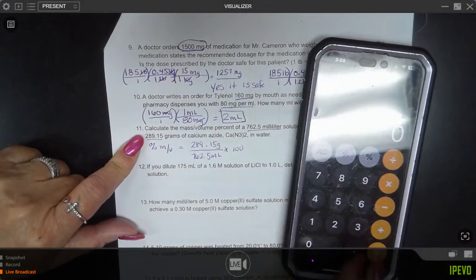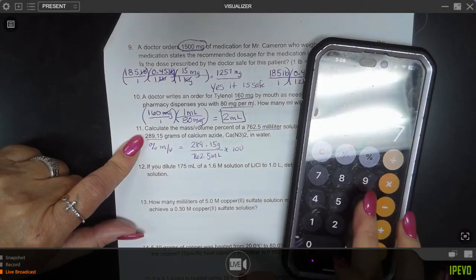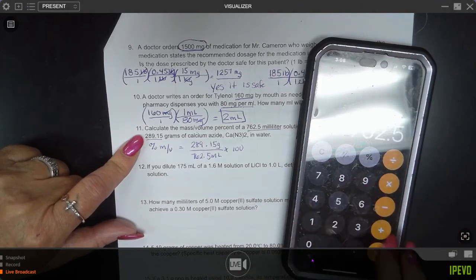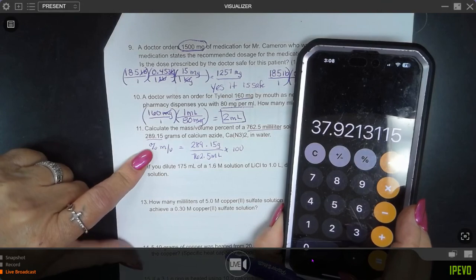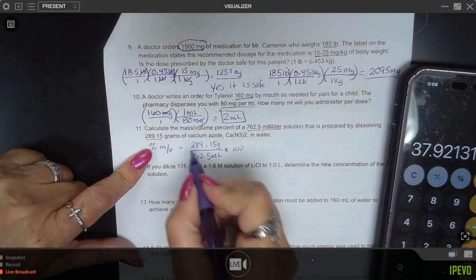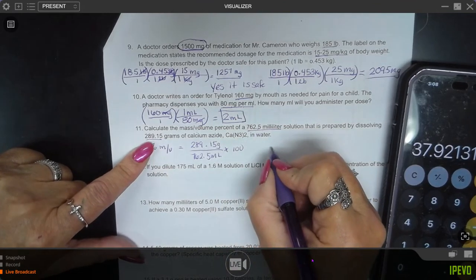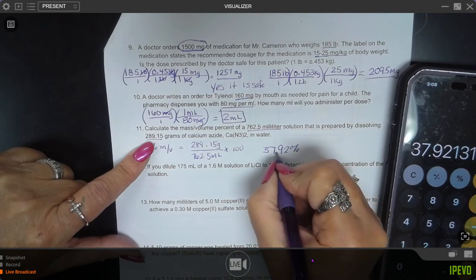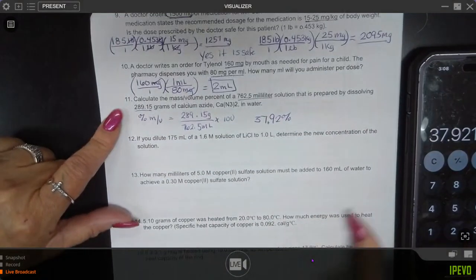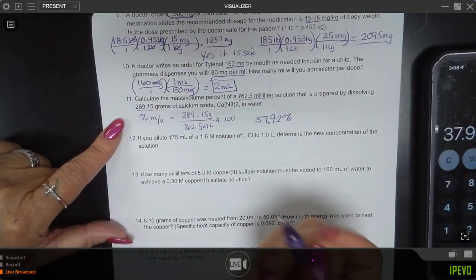So 289.15 divided by 762.5 times 100. Our percent mass to volume is 37.92. 1, 2, 3, 4, 5, 4 sig figs. So I can do 37.92%.